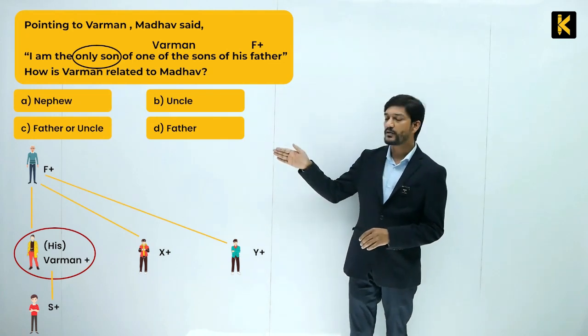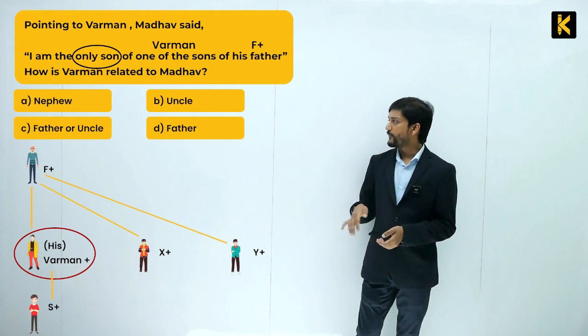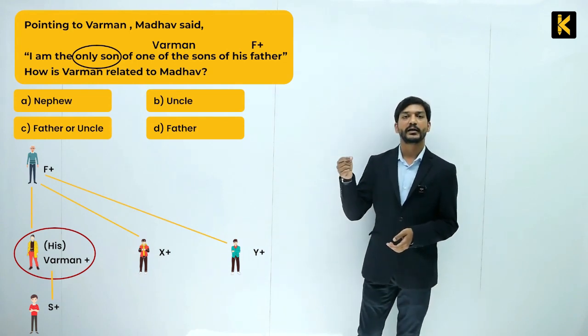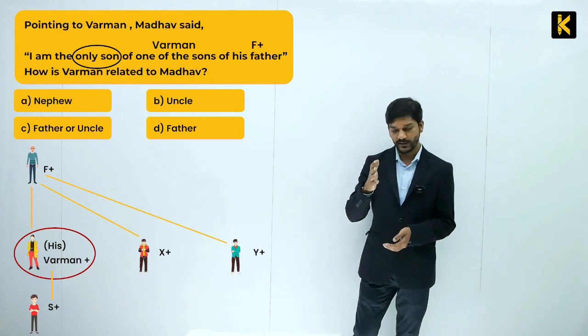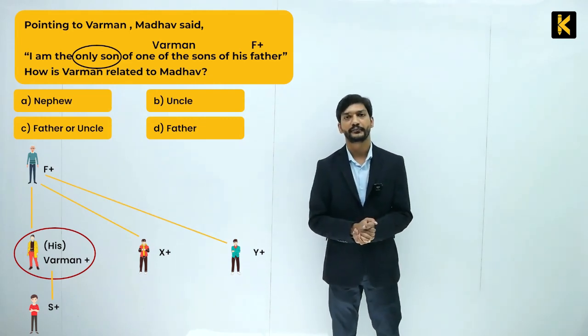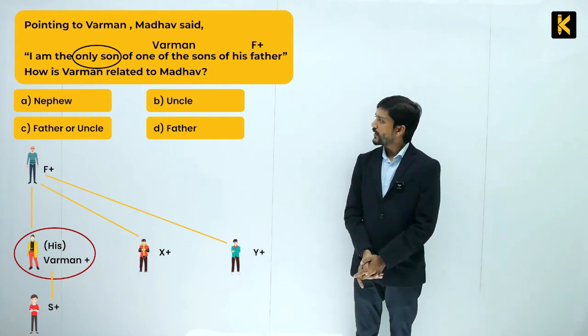So S plus is the only son. Alright. And wherever you are observing, it is direct relations. Because brother, father, everything is what? Direct relation. Alright.